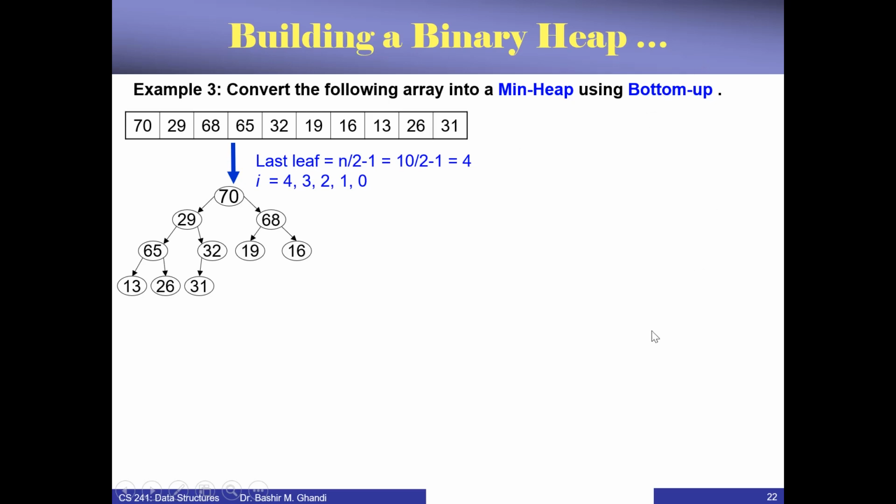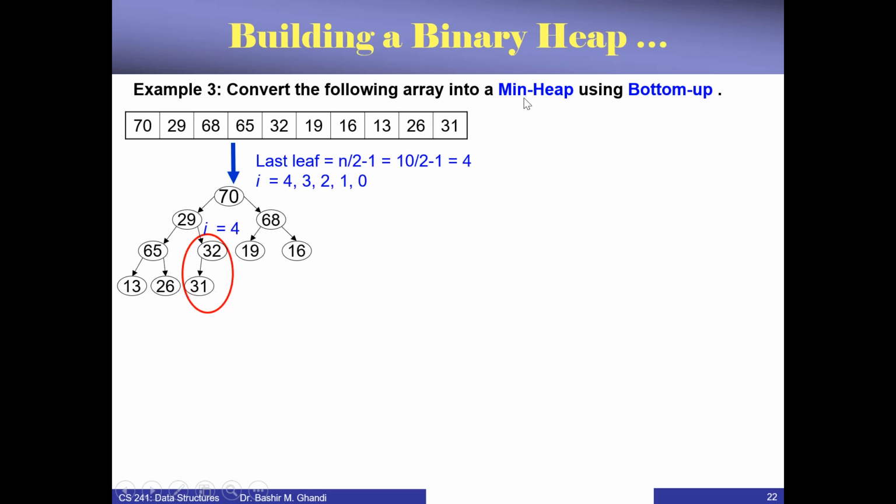For each i, we take note of the tree rooted at i and percolate the parent of that node down if necessary to restore the ordering property, because we just entered the elements randomly without regard to the ordering, so they may not satisfy the binary heap ordering property.